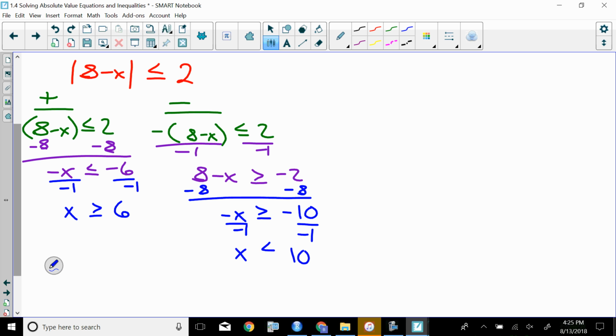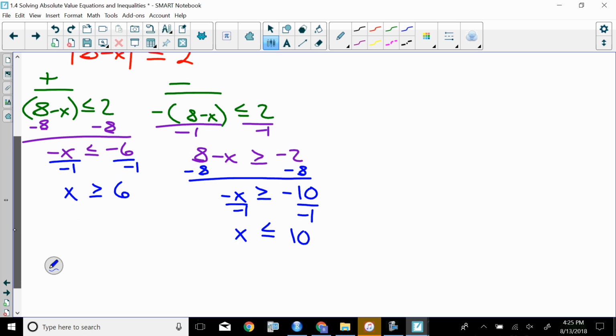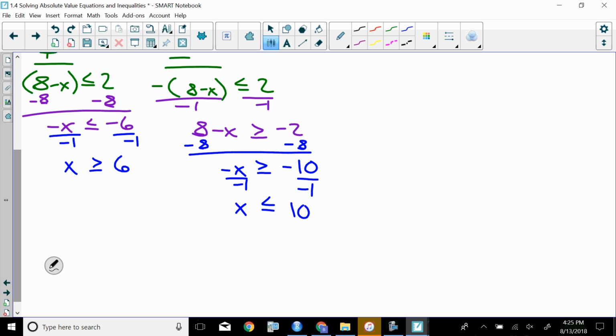I divide by a negative, so I got to turn that sign. And now I just got to graph it. If I draw my graph, I know 10 is bigger than 6. 6 is supposed to have a closed dot. I need x to be bigger than 6, that's to the right. X should be less than 10, or equal to, so it's closed.